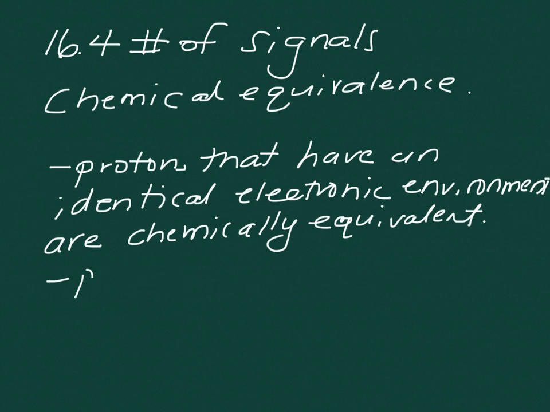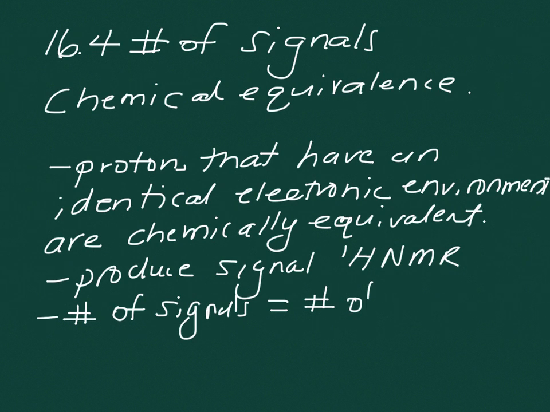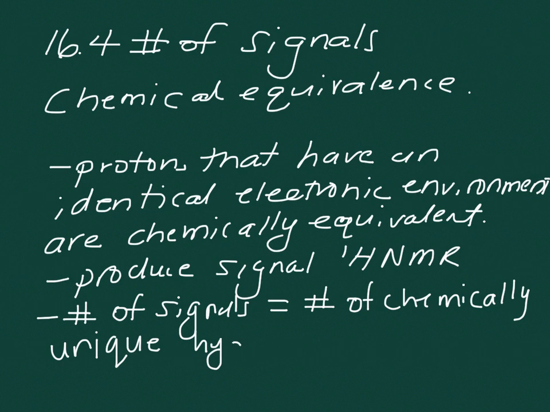They are going to produce one signal in your proton NMR spectrum. So the number of signals equals the number of chemically unique hydrogens.